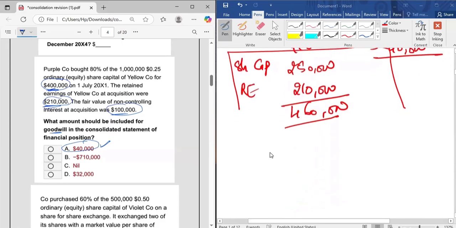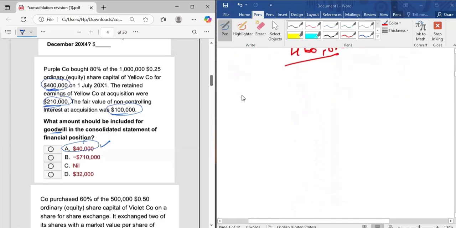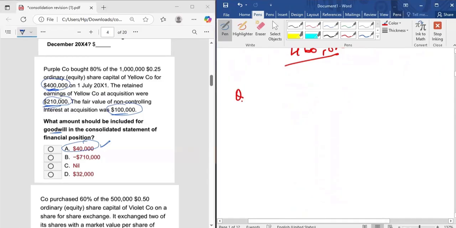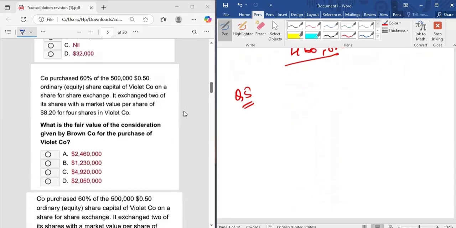Now next, let's move forward to question number 4. Or I guess it's question number 5, right? It's question number 5. Let's read it. Company purchased 60% of 5 lakh 0.5 ordinary share capital of Violet Company on a share for share exchange. So there was a company, they have not given us the name, but let's suppose it's X company.